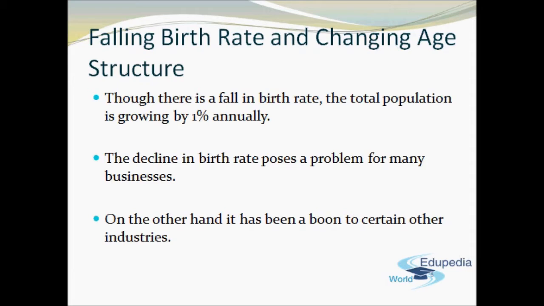It is very true that there has been an explosive growth of the global population, particularly in the developing countries. The universal trend now, however, is fall in birth rates, although the total population is still growing at over 1% annually.